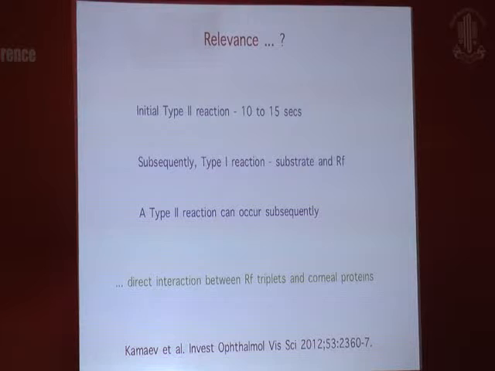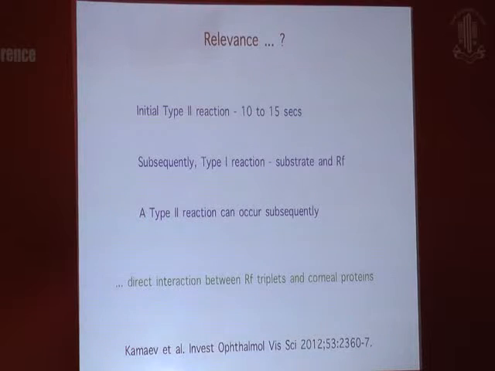oxygen. So as I said, the type 2 reaction occurs at the start of ultraviolet irradiation. It's a very rapid response, occurs within 10 to 15 minutes, and depletes most of the singlet oxygen that is present in the cornea, and subsequently cross-linking can only occur because of the type 1 reaction.